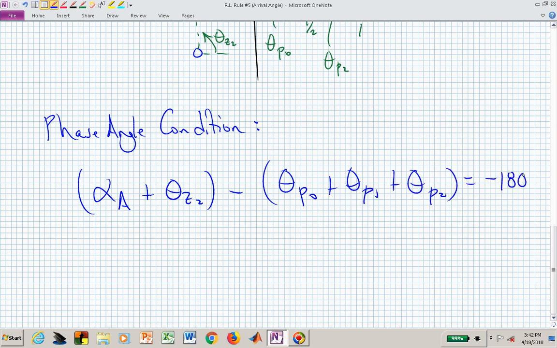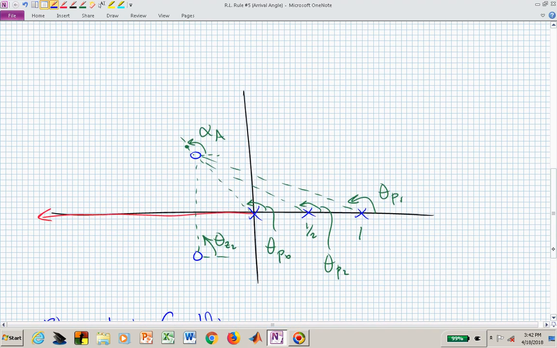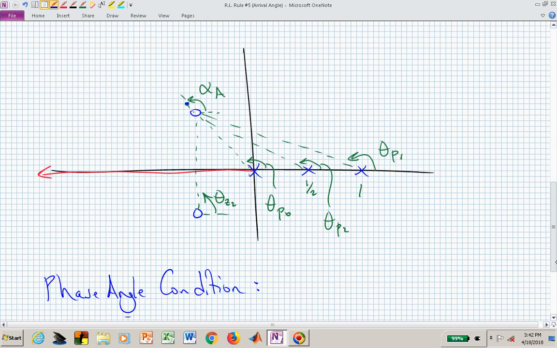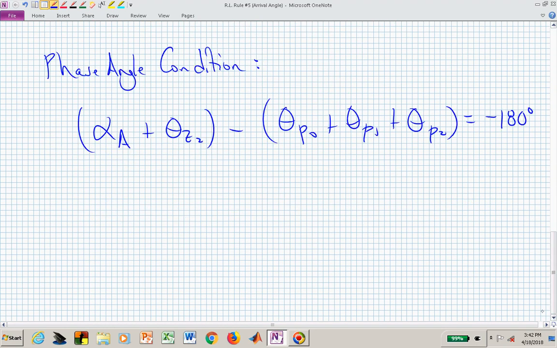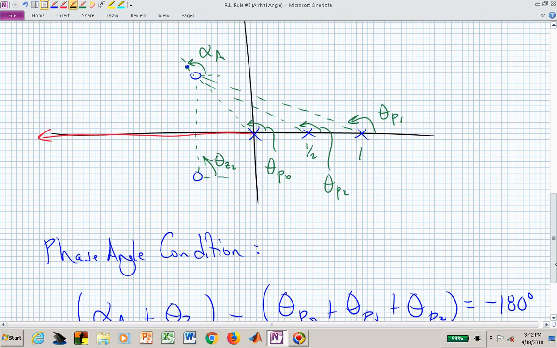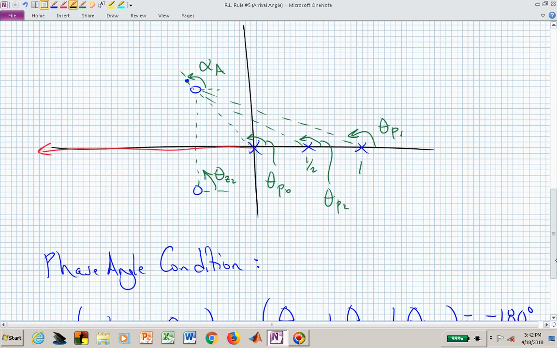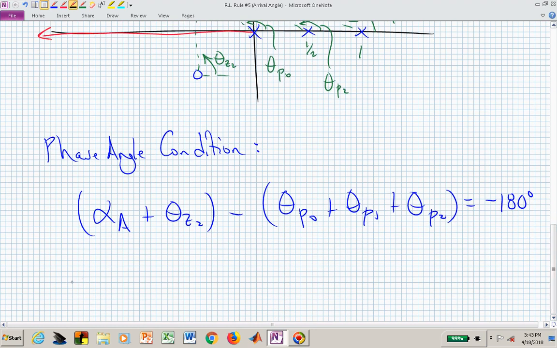And if that epsilon point right here belongs to the root locus, then this phase angle condition, or these algebraic sums of these angles, has to be equal to minus 180. We can plug in some of these immediately. Theta sub z sub 2, we're looking straight up, so that one is 90 degrees.